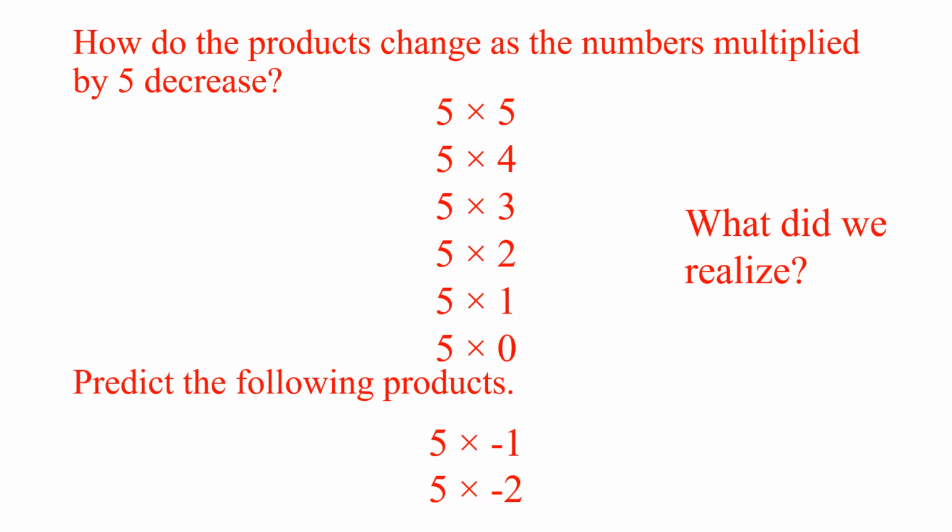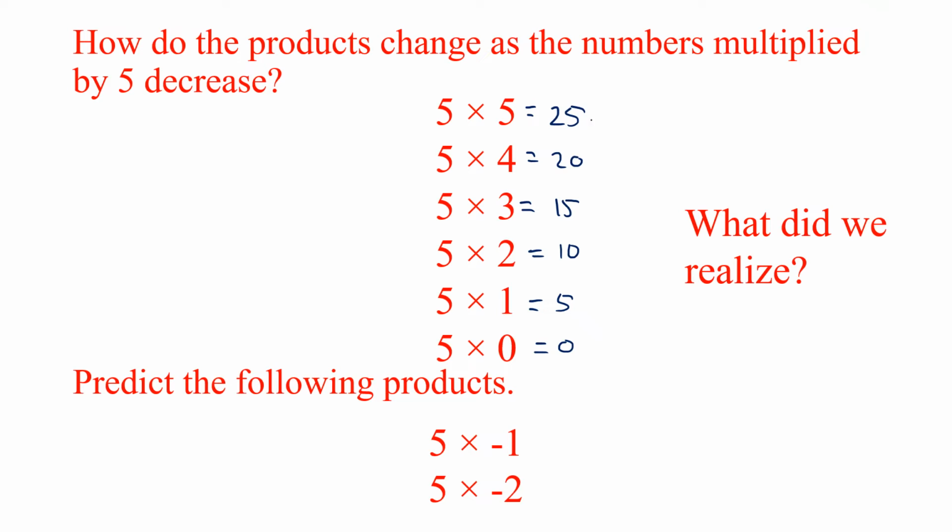So let's take a look at how the products change as the numbers multiplied by 5 decrease. Here I get 25. Here I get 20. Here I get 15, 10, 5, and 0.